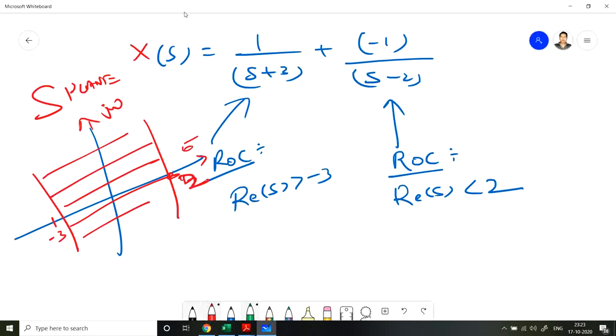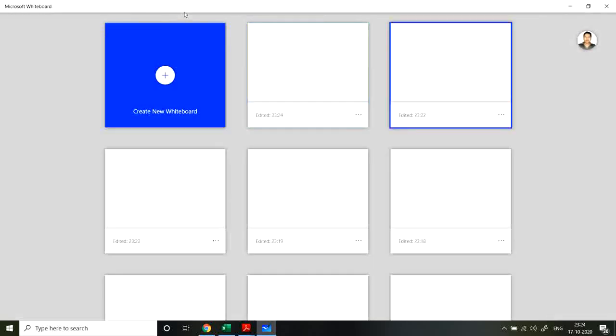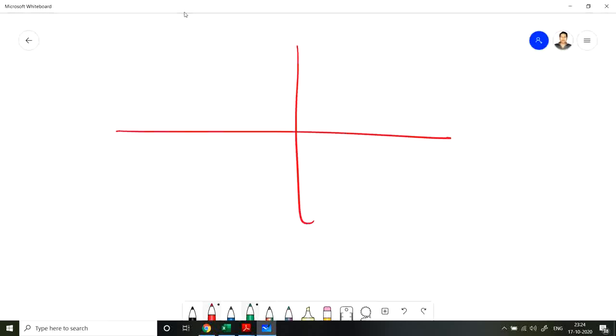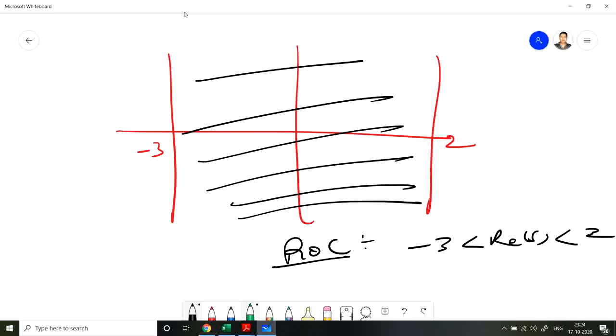So the ROC is between two vertical lines, minus 3 and 2. The ROC is minus 3 is less than real part of s is less than 2.